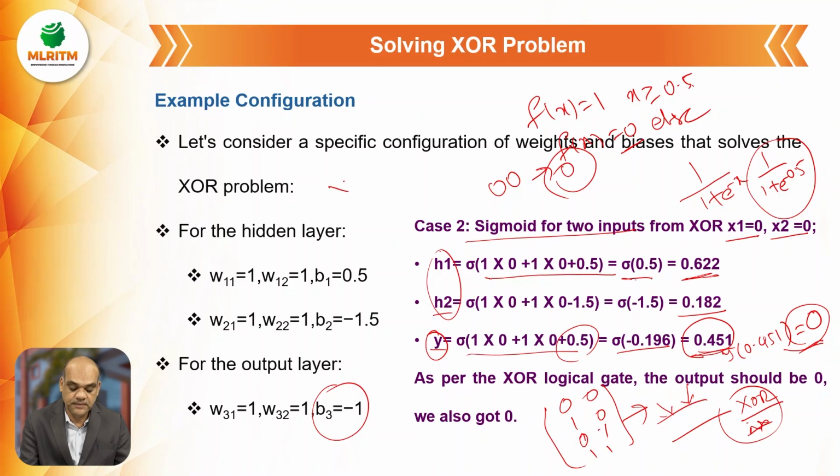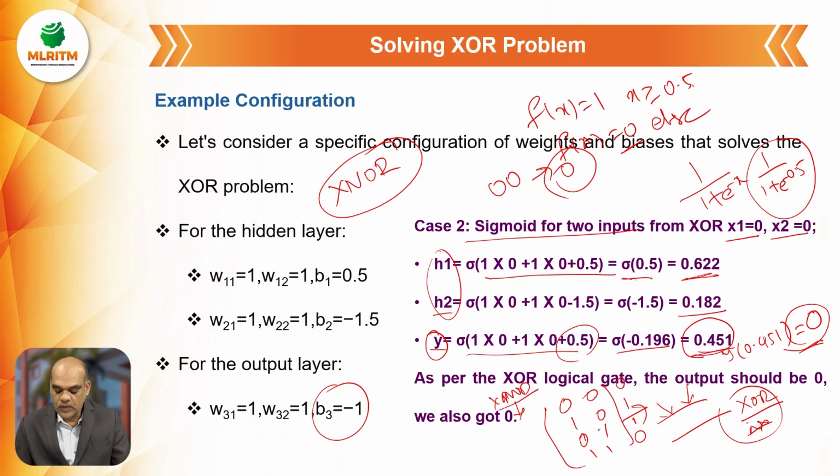What is XNOR here? The same process we are going to use for XNOR also. In the case of XOR for 0, 0 we are getting 0, for 1, 0 we are getting 1, for 0, 1 we are getting 1, and for 1, 1 we are getting 0. In the case of XNOR, when both the inputs are the same, we are going to get the output as 1.